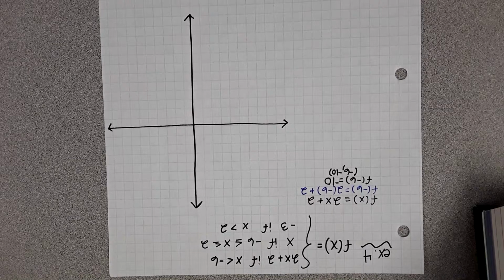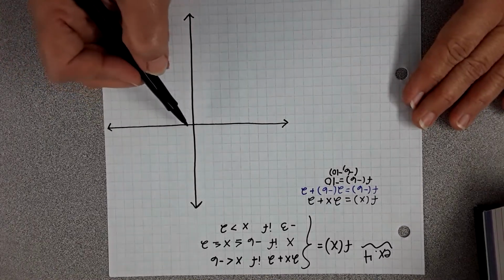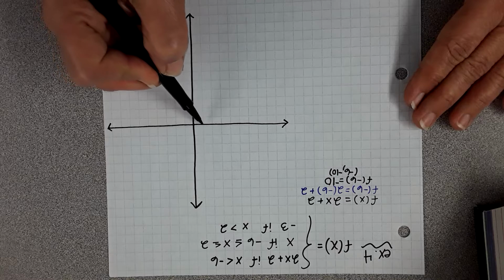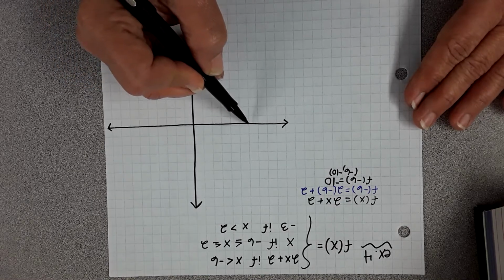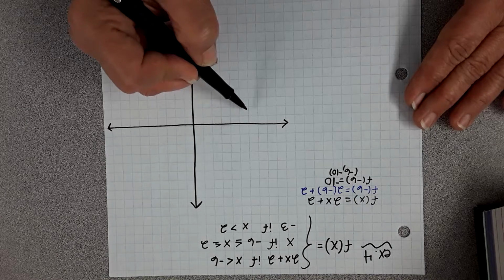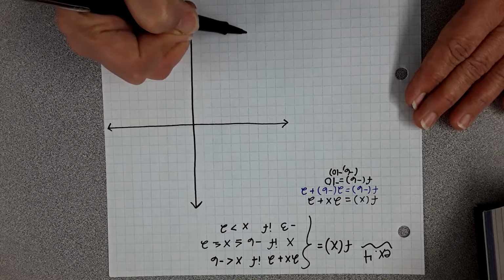So what am I going to graph? -6. So I'm going to graph that point. I go over to -6: 1, 2, 3, 4, 5, 6. And then what am I going to do? Go down 10: 1, 2, 3, 4, 5, 6, 7, 8, 9, 10.